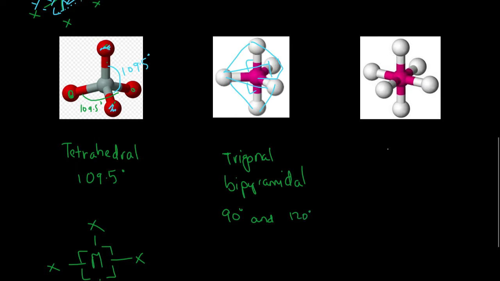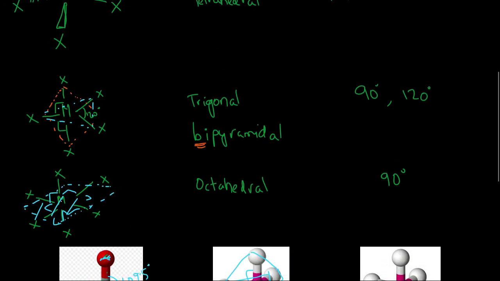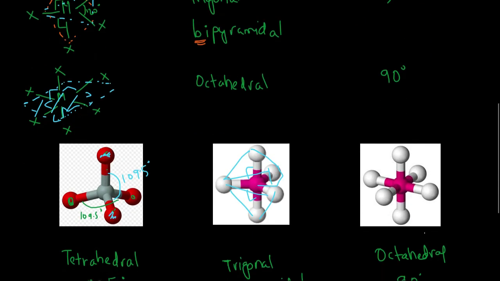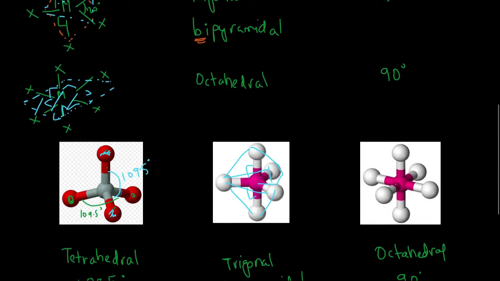And this one is the octahedral one. So all the bond angles are 90 degrees. This is pretty hard to see because I'm not really good at drawing, but once you see this, I think you should be able to figure out that these four guys form the flat plane.